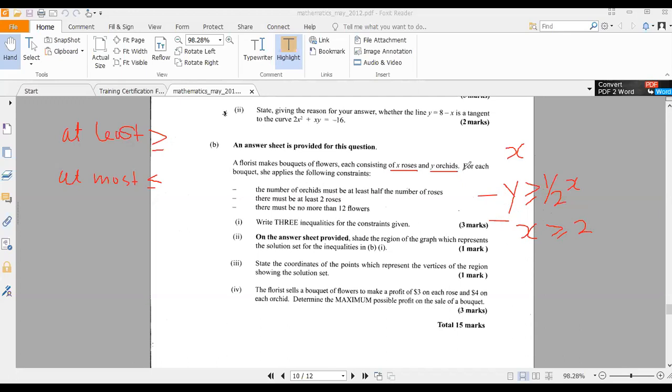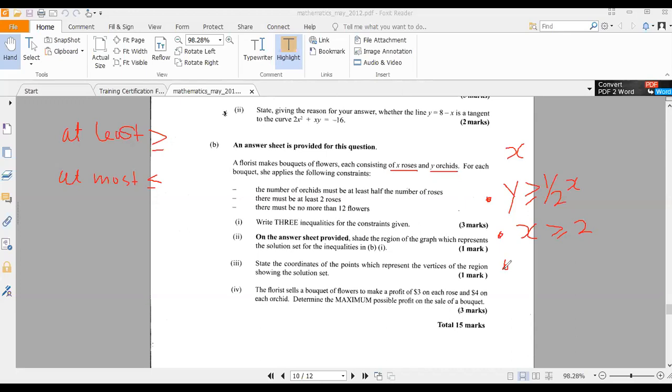Now, how will I do the third one? There must be no more than 12 flowers. What type of flowers are we talking about here?